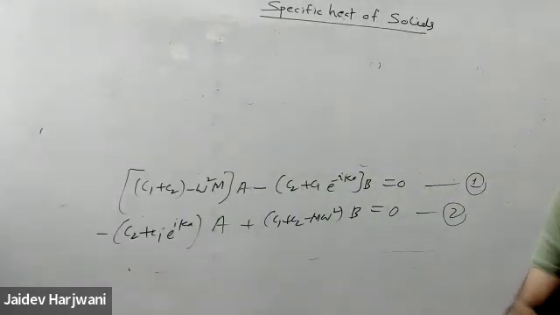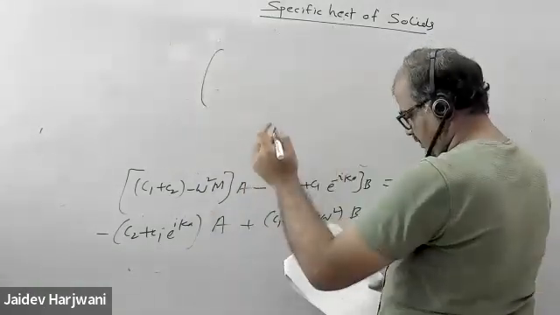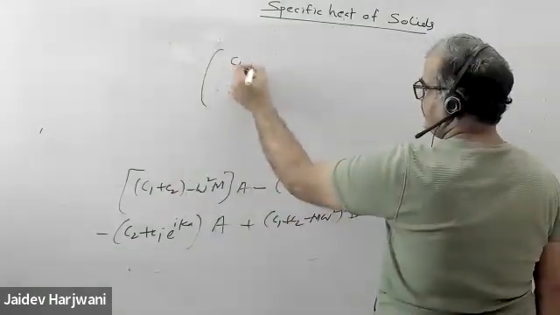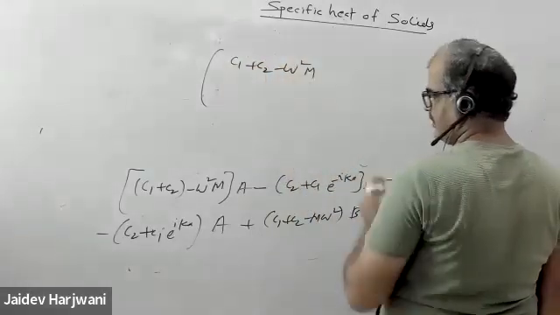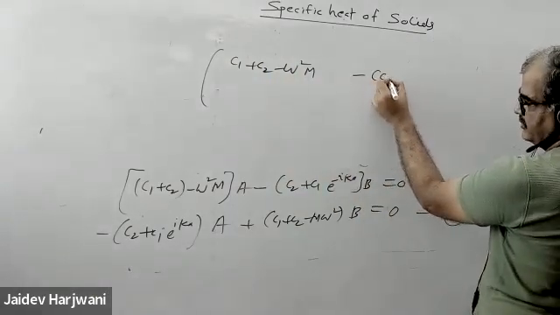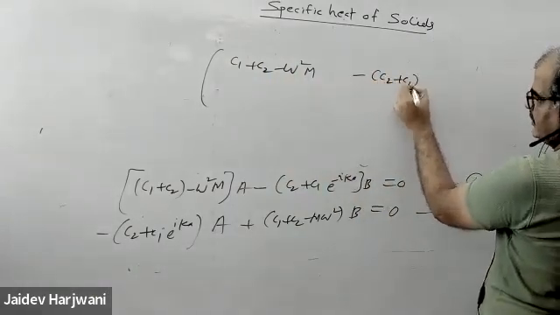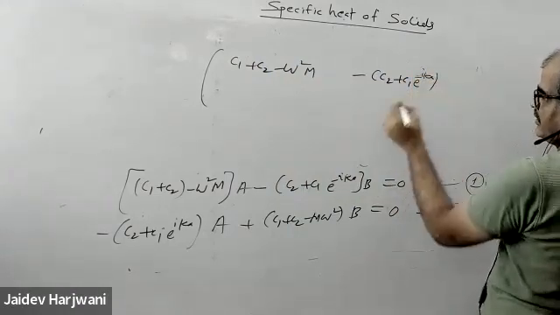And once you have this expression, you can solve this by matrix method. So you have C1 plus C2 minus omega square m, and here you have minus C2 plus C1 e power minus iota k.